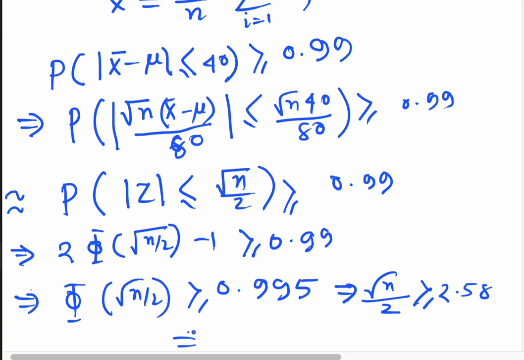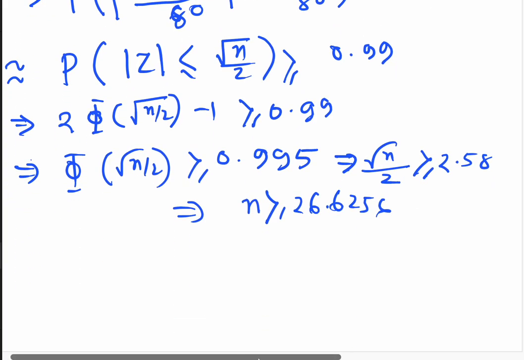So that means n should be greater than or equal to 26.6256. So that's it. Now let's move toward question number 5.